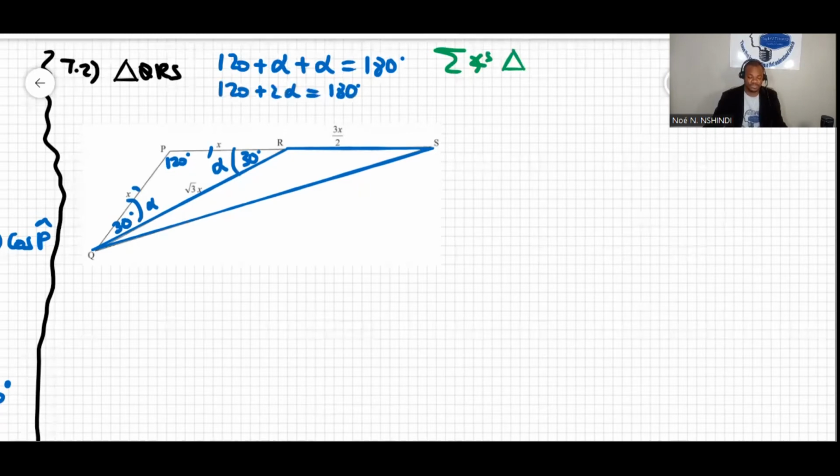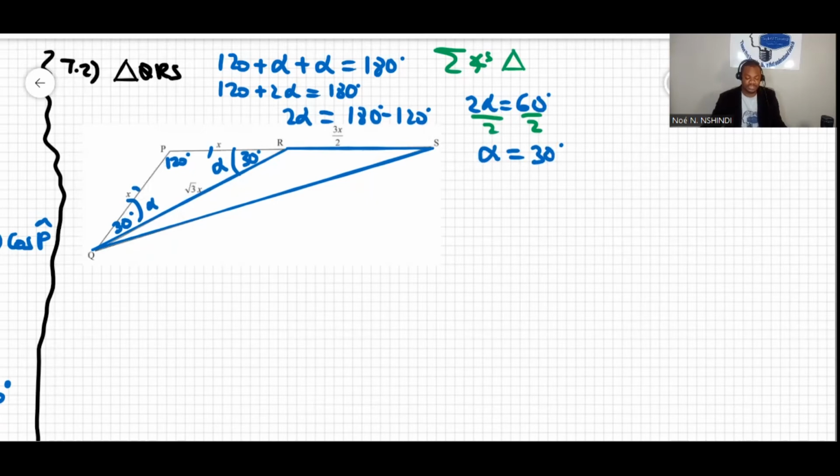The reason is the sum of angles in a triangle. If you move the 120 over, 2 alpha equals 180 degrees minus 120, which makes 2 alpha equal to 60 degrees. Then we divide both sides by 2 and we have alpha equal to 30 degrees. So 30 degrees over here and 30 degrees over there, because the triangle is isosceles.